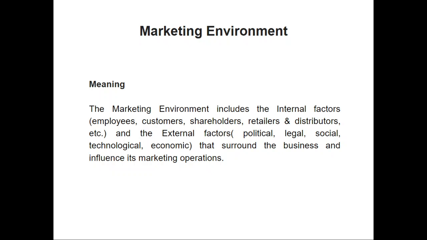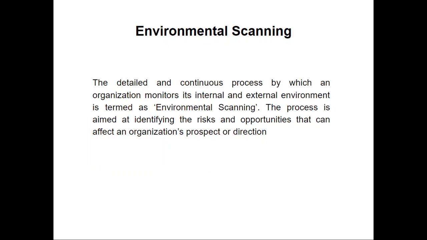How does the management learn what is really happening through these factors on the business of the concern? For this purpose, the business organization has to do something. What is it? It is environmental scanning.